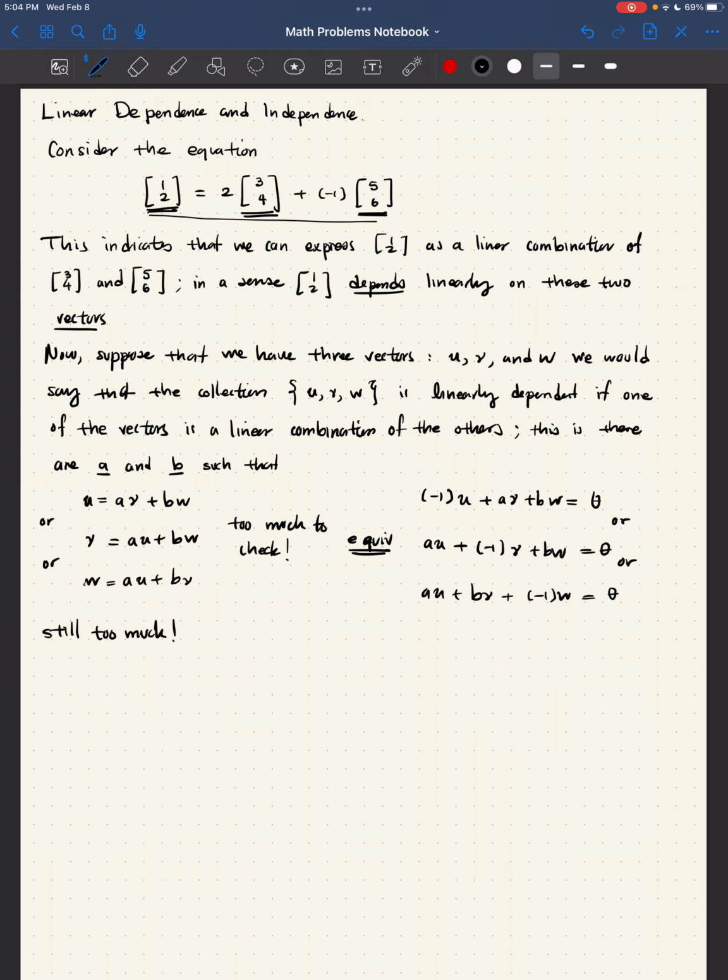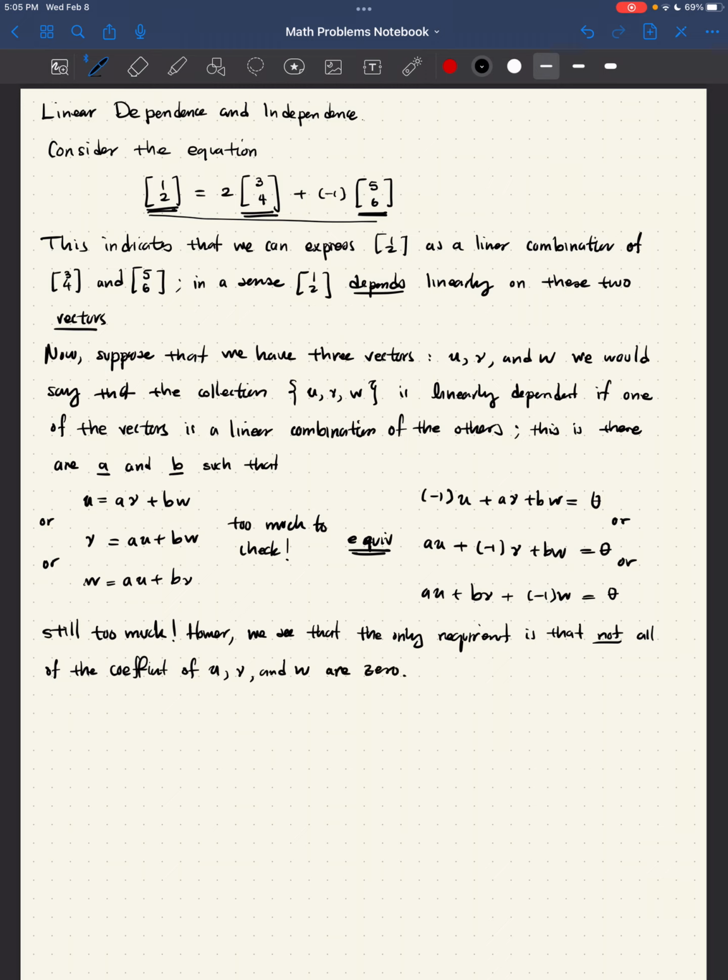However, we see that the only requirement is that not all the coefficients of u, v, and w are 0.